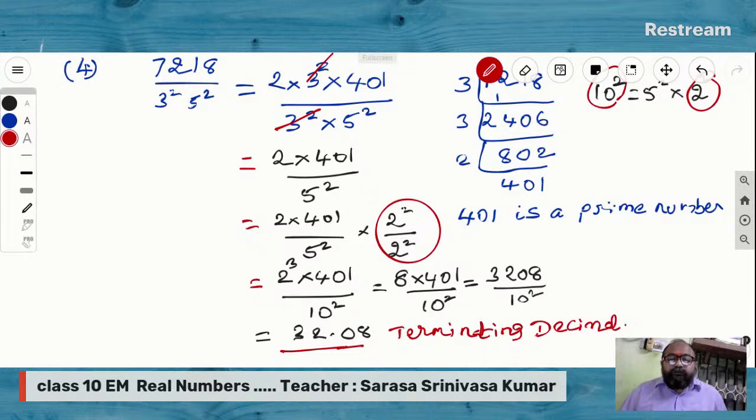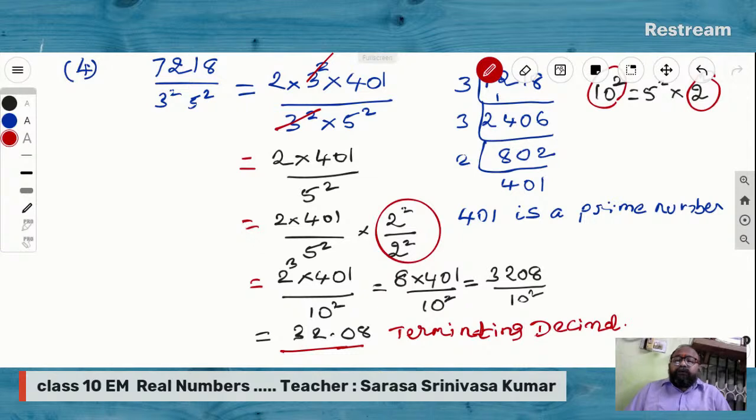7218 is given. We have found the prime factors for 7218. We got 2 multiplied by 3 square multiplied by 401. In the denominator we have 3 square multiplied by 5 square. So 3 square gets cancelled. We get 2 multiplied by 401 by 5 square.